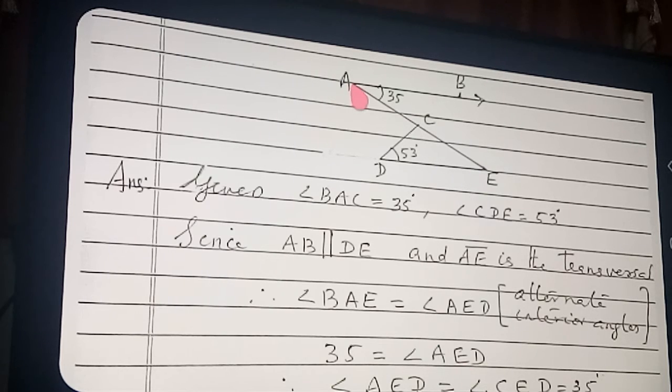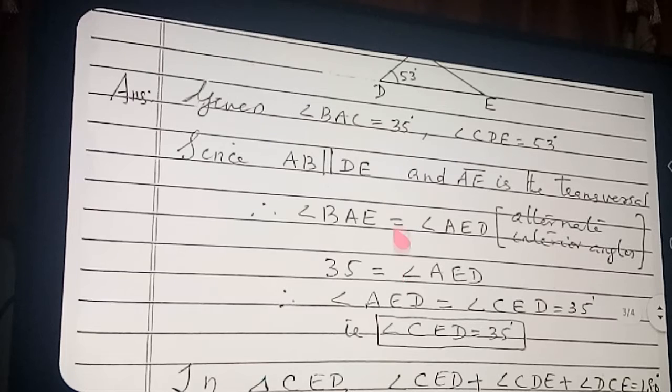Now, what about AED and CED? Is it the same? Yes, they are also on the same line segment, no. So AED is the same as CED. Therefore, what I have written downside, you see? Therefore, AED is the same as CED. That is equal to how much? 35 degrees. So what is the measure of angle CED?